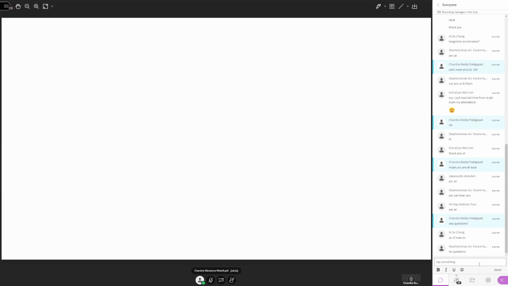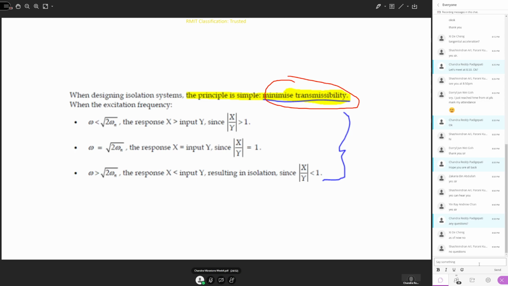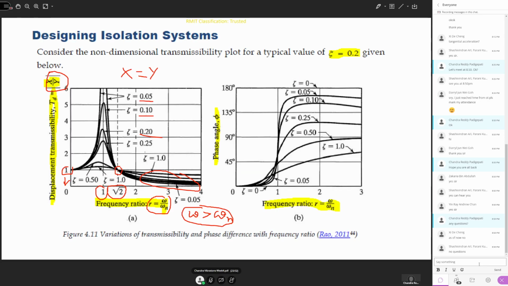Just to sum up, we need to minimize the transmissibility. So when omega is less than root 2 times the natural frequency, x by y is greater than 1, as you can see from the figures here.